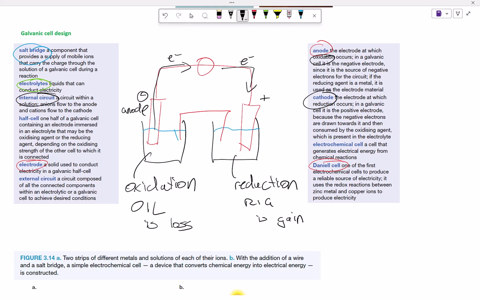I won't try to draw too much more here because it's going to get really messy. But in this process, that generates electrical energy because we've now got that flow of electrons, flow of charge, and then we've got flow of charge both ways for the ions. So that's the basic idea of how galvanic cells and the electrochemical series will work.